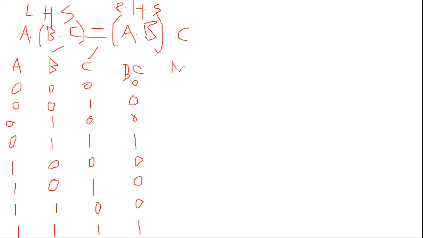Now, what is LHS? A dot, B dot C. Here the variable A is there and B dot C is here. Now take the AND operation between these two. 0, 0, what is the answer? 0.